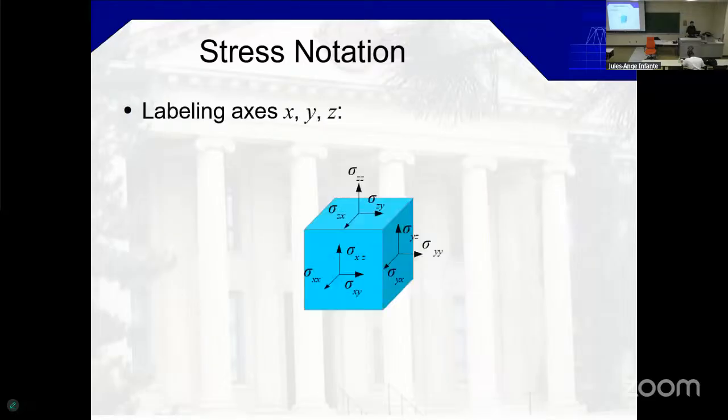Of course, not everybody will write it like that in the papers that you will review. Okay? And so often you will have it seen as sigma xx, which is normal stress in the x direction on the x plane.